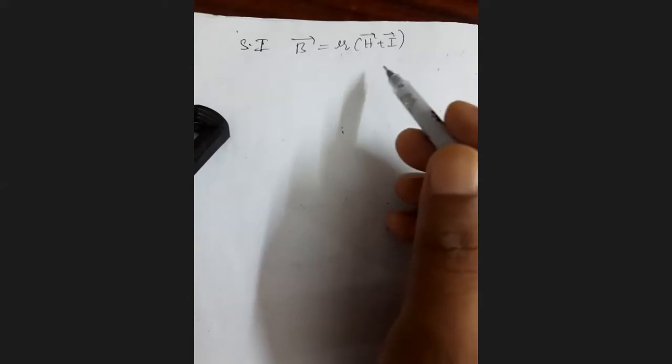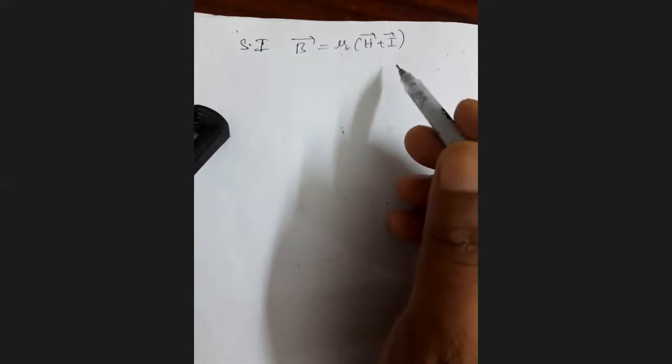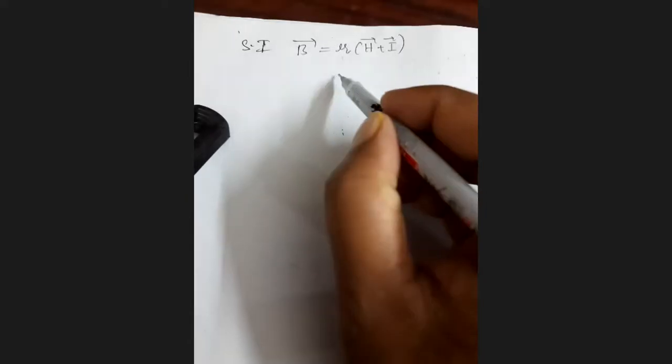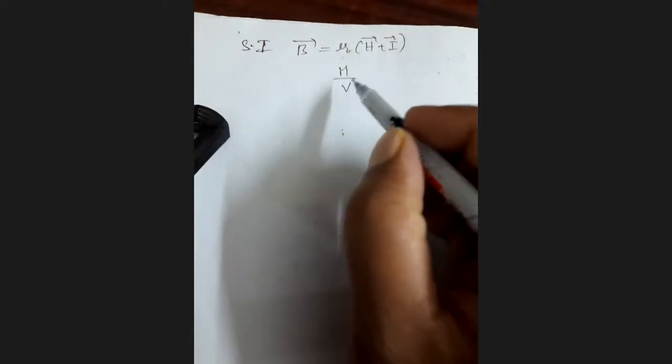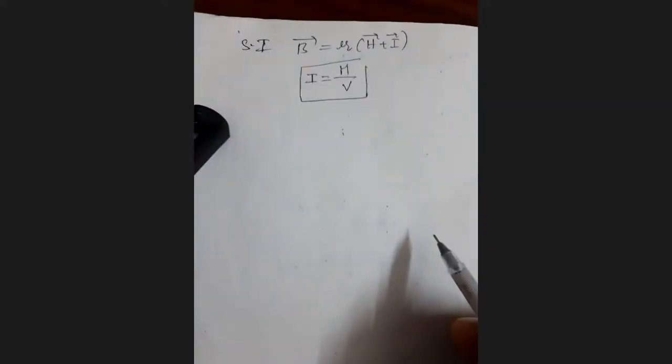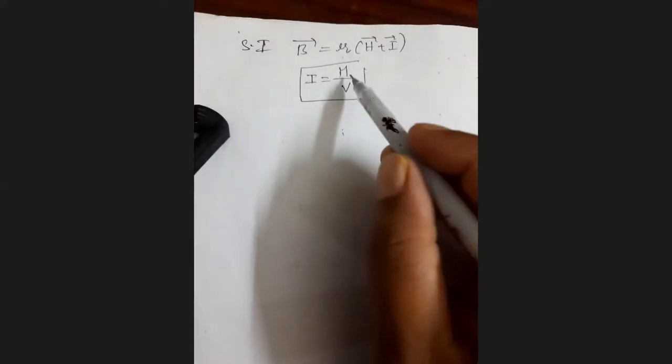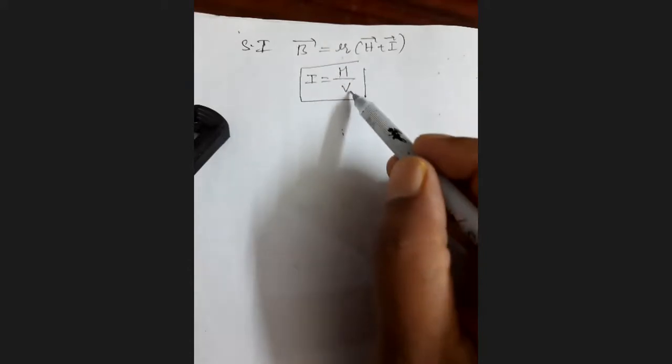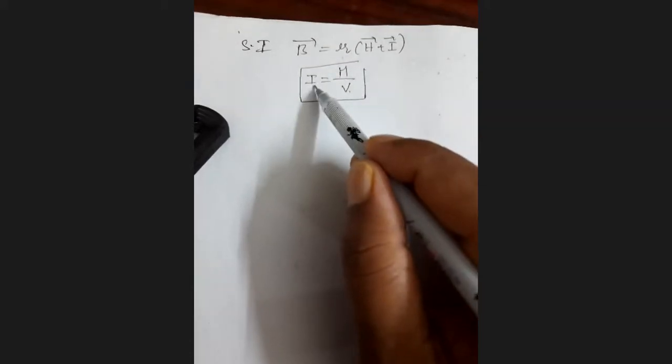The process of converting the material into a magnet is called magnetization. When the magnetic material is placed in the external magnetic field, it changes into a magnet. So the induced magnetic moment per unit volume is called intensity of magnetization.